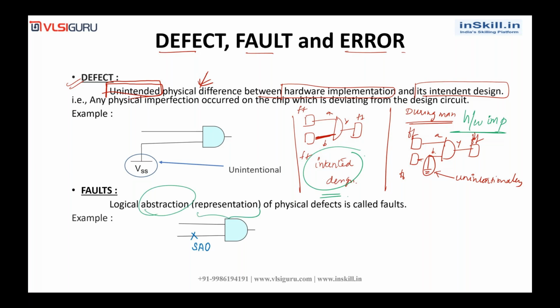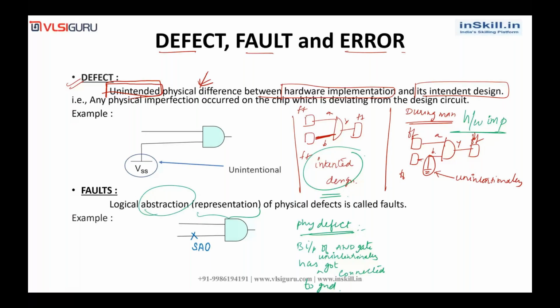In this case, the physical defect is that the B input of the AND gate has unintentionally got connected to ground.